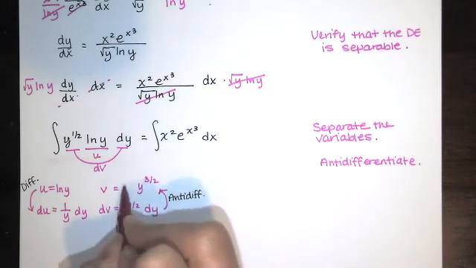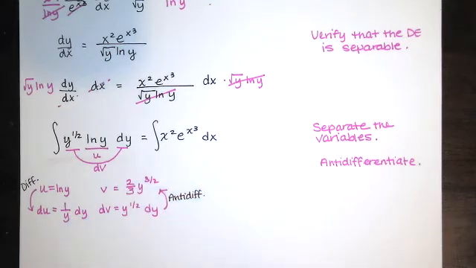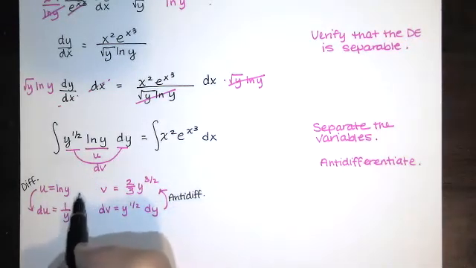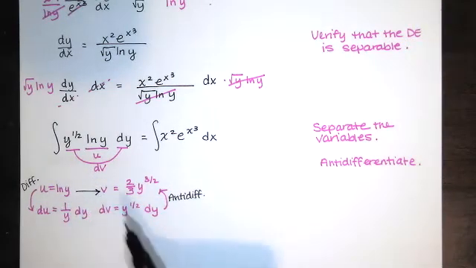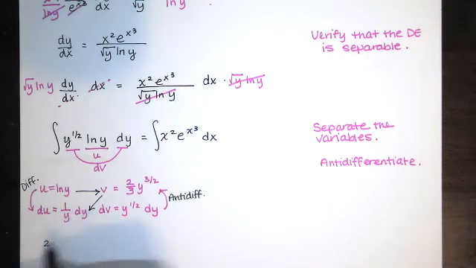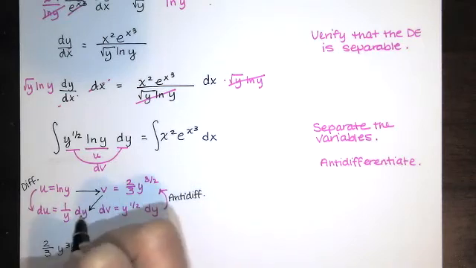Dividing by 3/2 is the same as multiplying by 2/3. Then according to the integration by parts formula, you just go across here and then across there. The integral of u dv is u times v minus the integral of v times du.